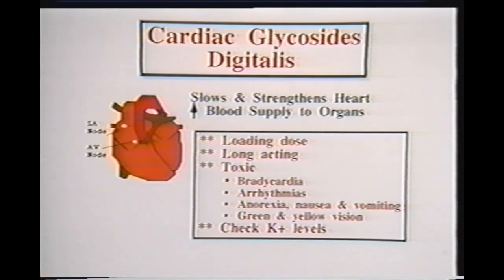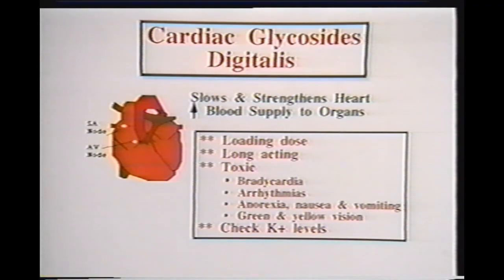Now, cardiac glycosides are long-acting. They really are acting fairly strongly for at least a week, and they stay in the body for up to 2 to 3 weeks. This is one of the reasons that there's such emphasis on nurses being able to pick up toxicity to digitalis. And this is something that they're likely to ask you about.